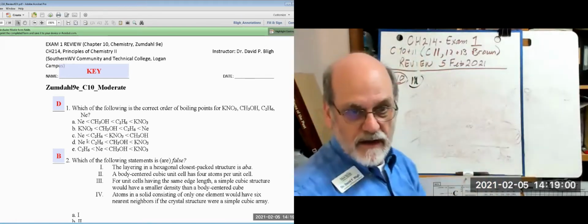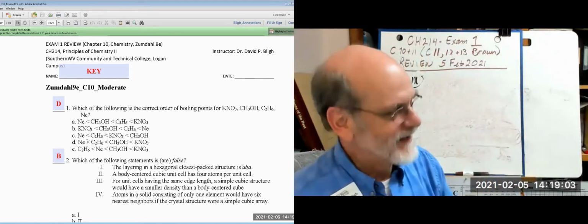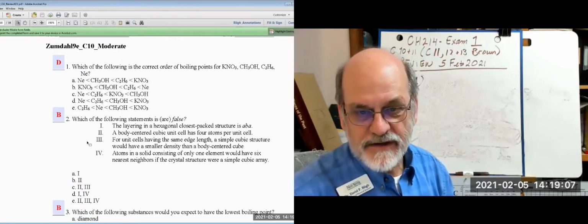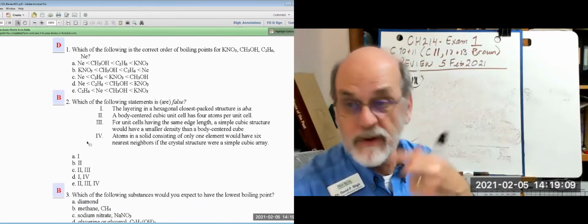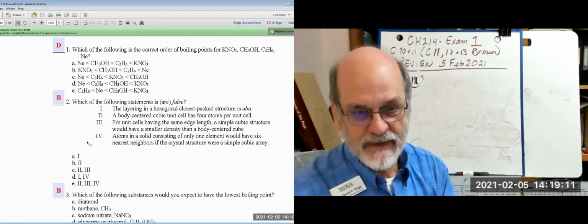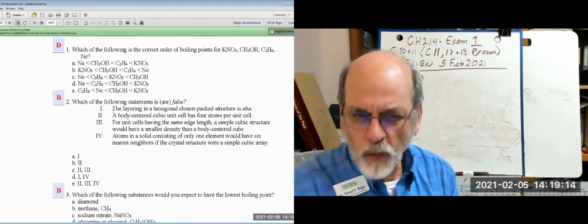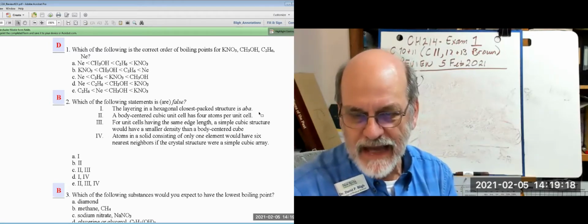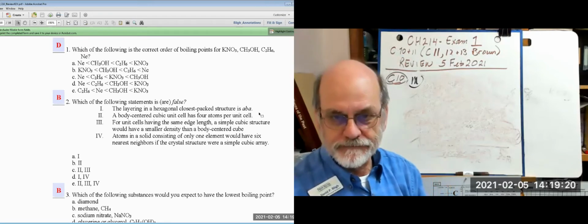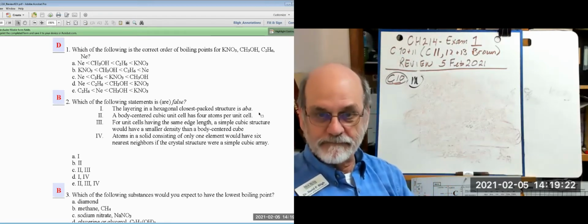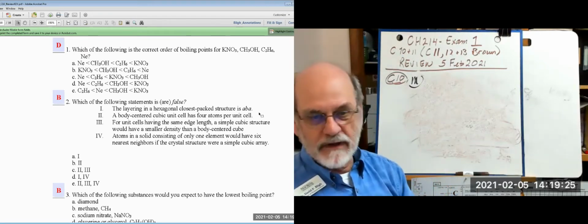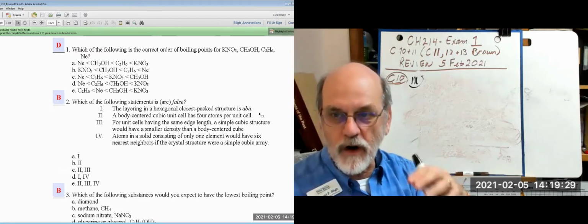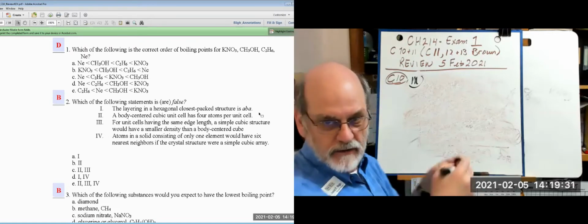All right, so that was 1. 2, which of the following statements is or are false? So it could be more than one of them false. Right. So let's see. 1, the layering in a hexagonal closest packing structure is ABA. So you have to think back to our discussion of what are the possible layerings.